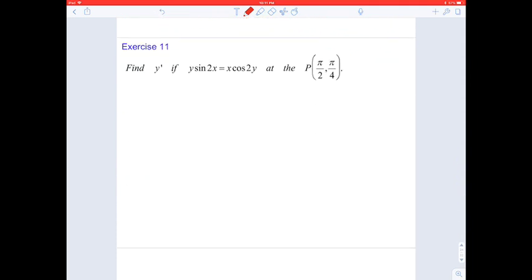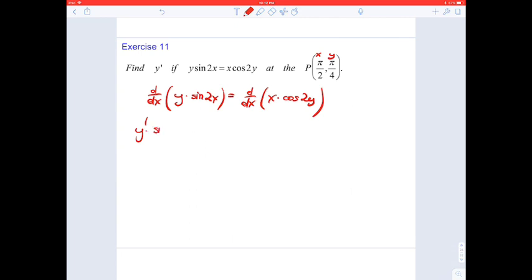Exercise number 11. Find the derivative of the curve at the given point. We like the point because we will use this as advantage. We will substitute the values x and y. Okay, that means I will differentiate with respect to x, y times sine of 2x, and I will differentiate with respect to x, x times cosine of 2y. Product rule.